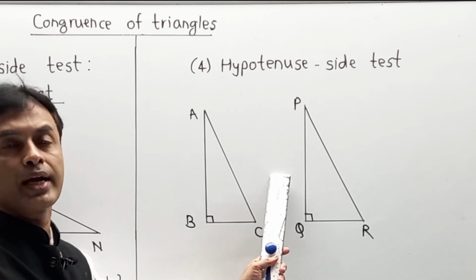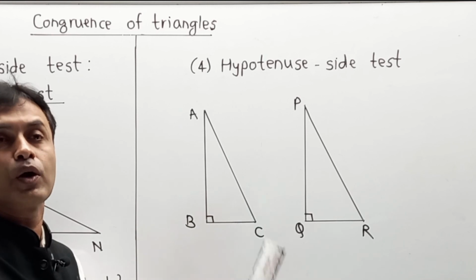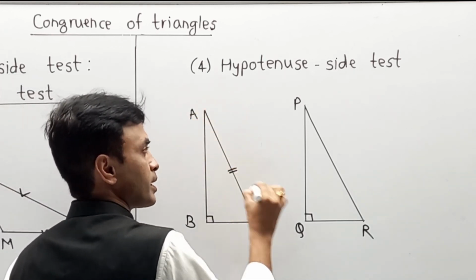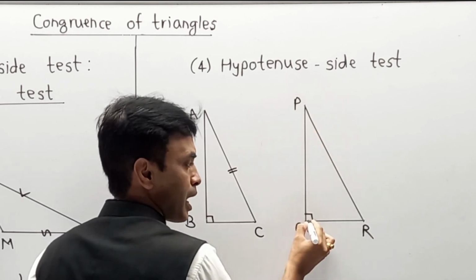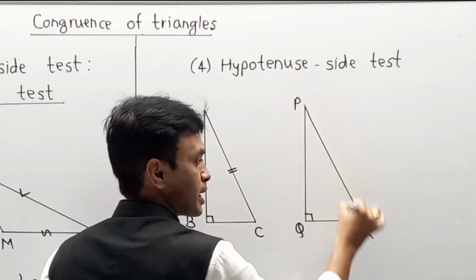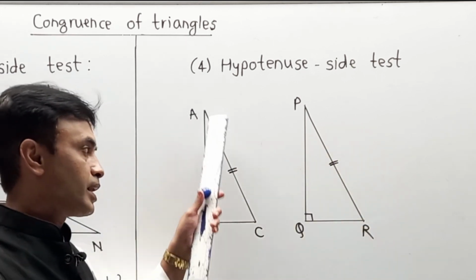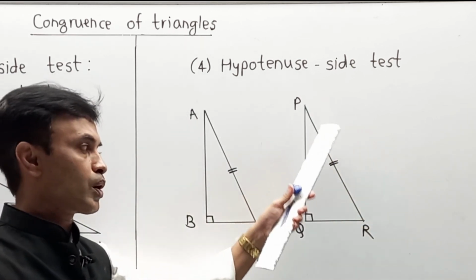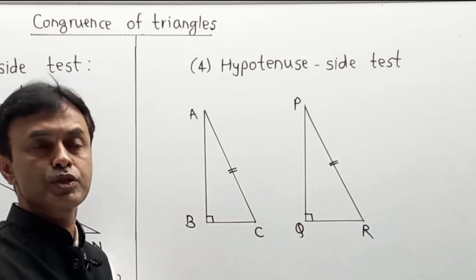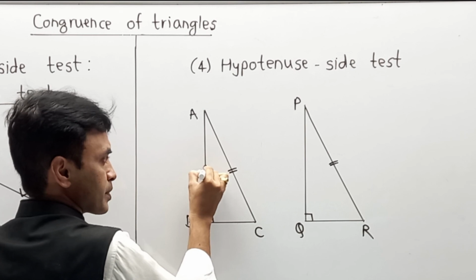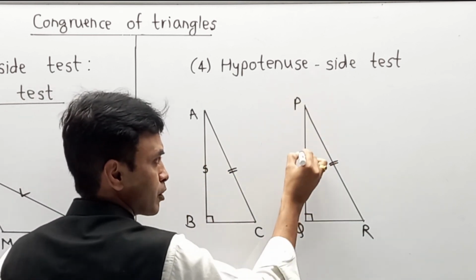Exactly opposite to angle B, means opposite to 90 degrees, we call it the hypotenuse. Means hypotenuse AC is congruent with the side opposite to 90 degrees at Q, that is hypotenuse PR. Here the length of hypotenuse AC is congruent with length of hypotenuse PR. Next, length of side AB is congruent with length of PQ.